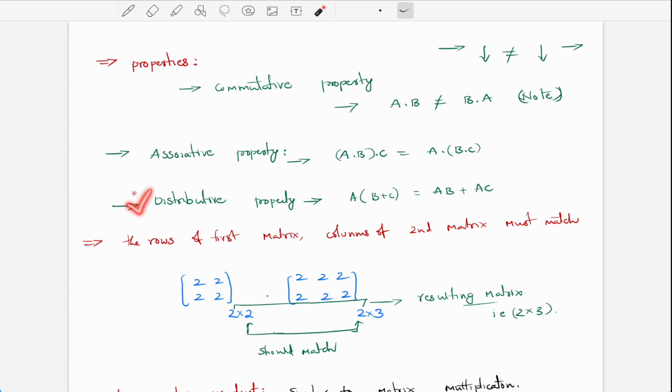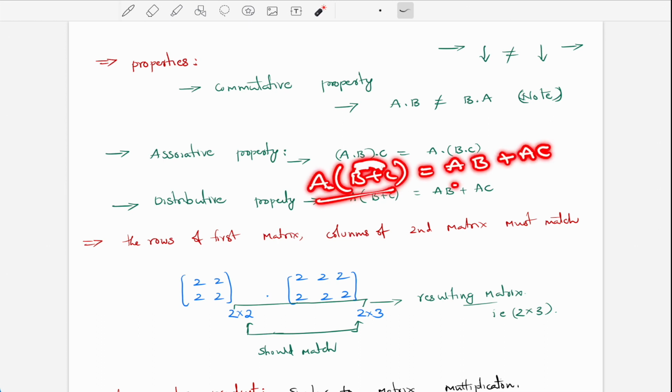So we have something known as the distributive property. What do you mean by a distributive property? Just as I said, we have an addition over there. We multiply A, and then we simply add the inner matrices, and it will become element wise multiplication here.